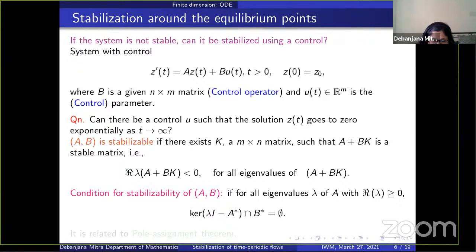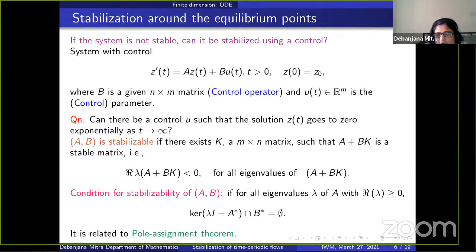Then the next task is to find this matrix capital K in a suitable way, which is even from a practical point of view more meaningful. So that is the next step. But once you have proved this Hautus type condition or Kalman rank condition holds, then the essential idea is that it assures you that you will find another matrix capital K. That is in particular called the pole assignment theorem.